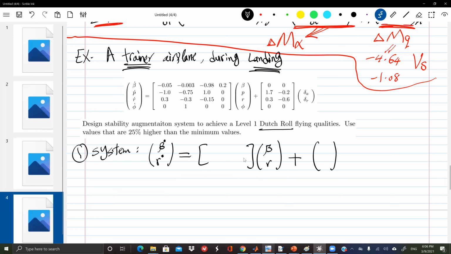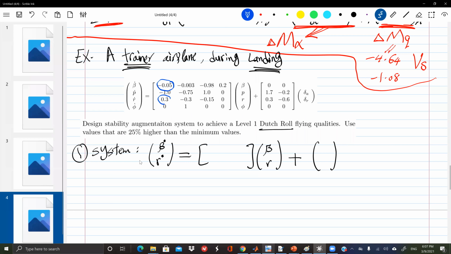If we have numbers, I'm going to substitute n beta, n r, and so on. But if I don't have numbers and I'm given the system already, you need to extract it yourself. The Dutch roll mode was easy to extract because it was just by the indices of the states. The indices were 1 and 3, right? Beta and r are the first and third states.